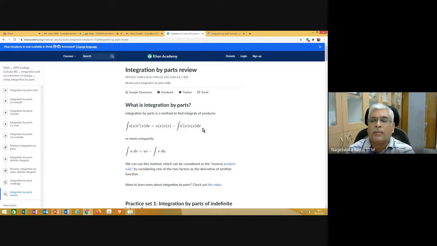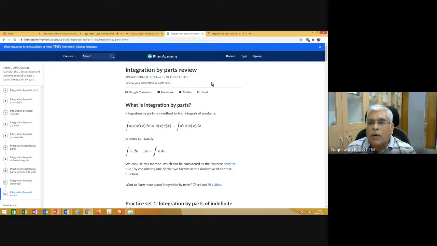If you have any question, please raise that at this stage. Integration by parts. Basically, integration by parts is going to be used to shift the derivative from one function to the other function.